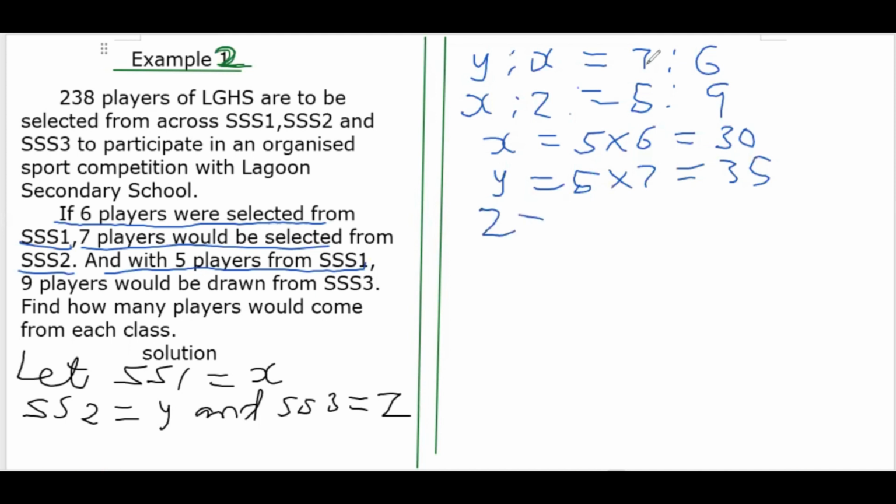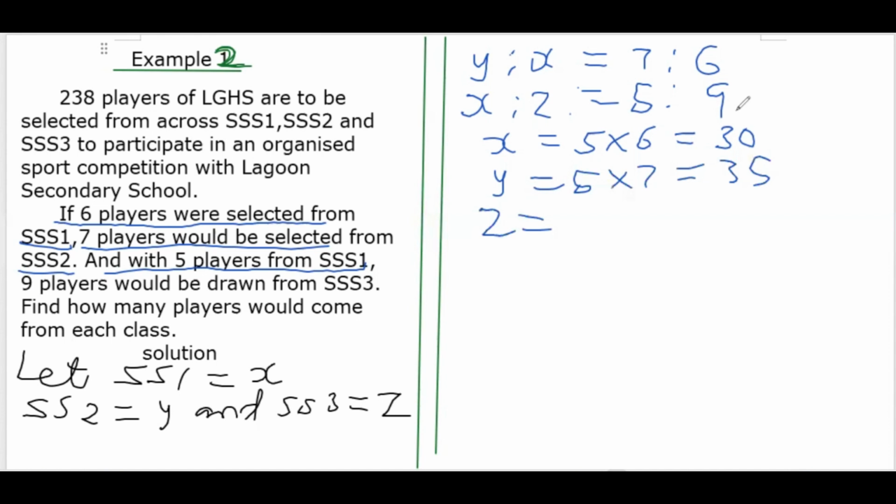Similarly, to get the original value for Z, since X already takes the value 30, what was used to multiply this 5 to become 30? Because this 5 belongs to X, 30 was divided by something to get 5. It is 6. So you use the same 6 to multiply 9. 9 times 6 gives 54.